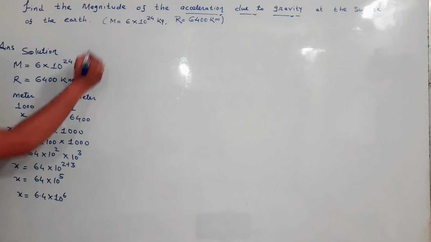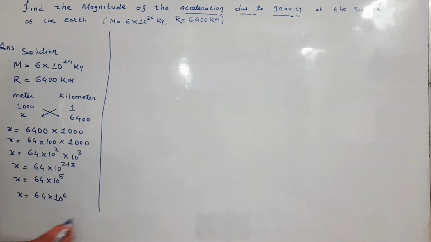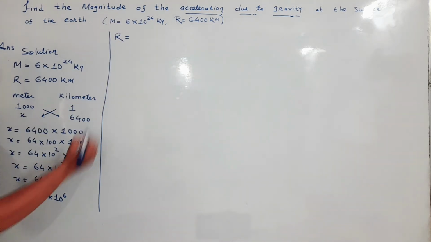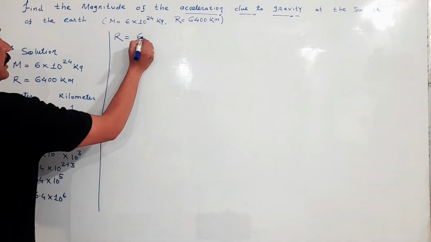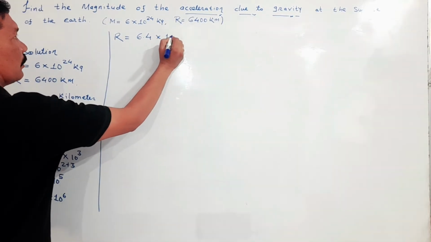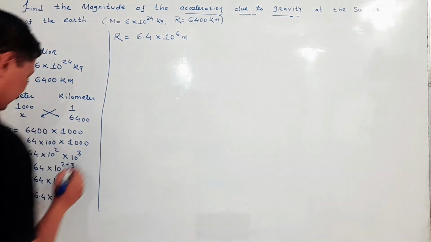My dear student, here we have converted the radius of the earth from kilometer to meter, and therefore r is equal to radius of the earth, and it is 6.4 into 10 to the power 6 meter.